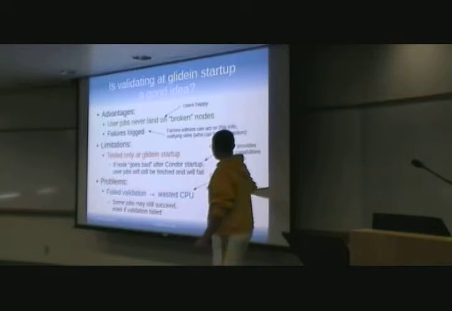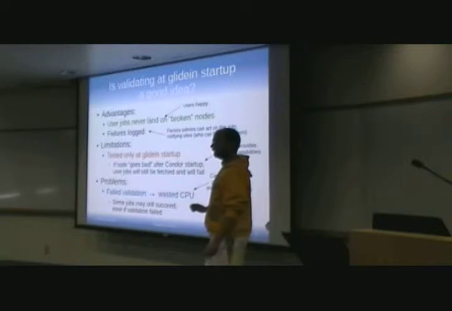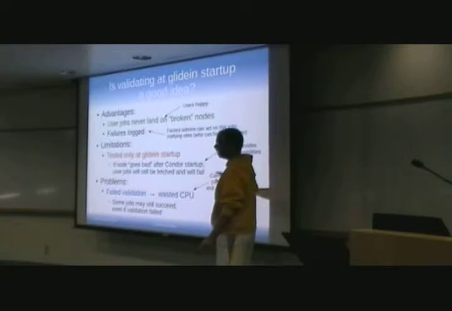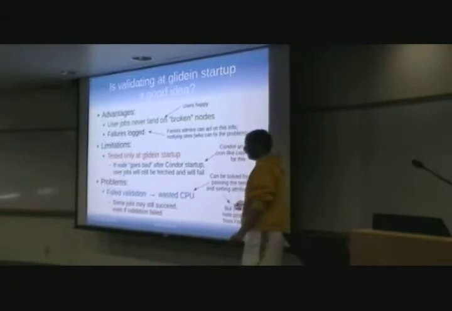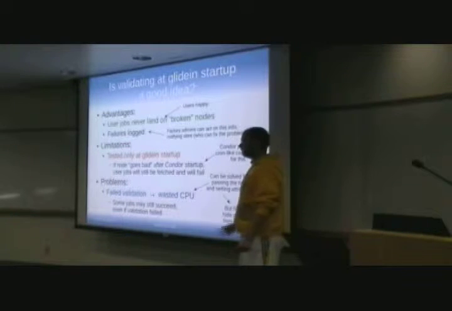So you can fine-tune this and really just fail on the worst offenders. And for everybody else, you just tweak the Condor configuration in such a way that it will only fetch the jobs that can actually run there. The side effect of that is that you may get glideins that start and not run any jobs and go away, wasting even more time.